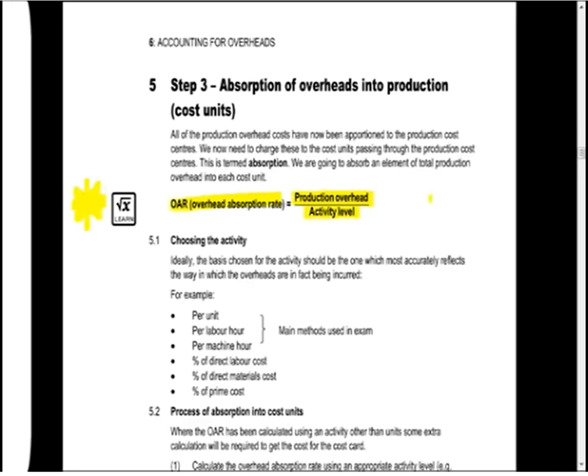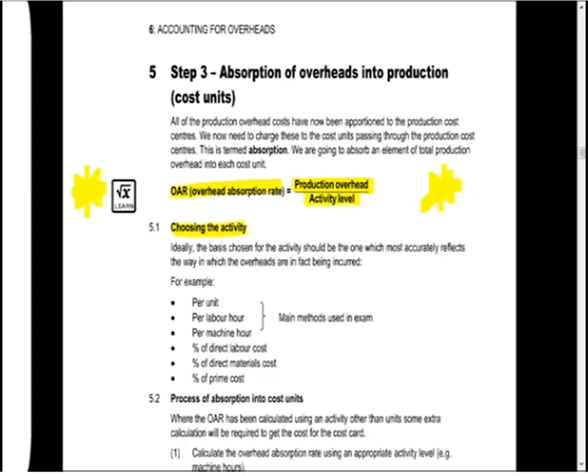This is a very, very important formula for management accounting. We know how to get our production overhead because we've followed step 1 and step 2. In order to complete step 3, we have to choose the activity, and ideally we want to choose one which reflects the way in which the overheads are being incurred.